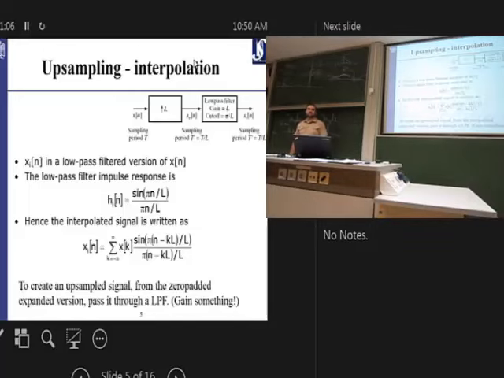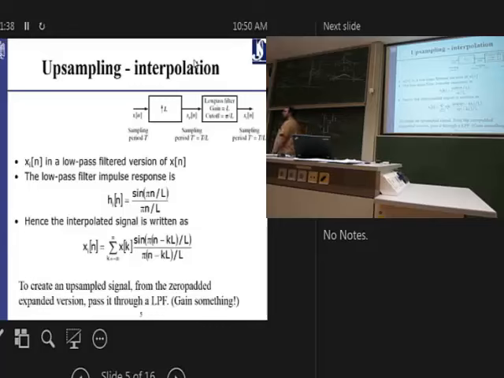But is it true to say that just by adding zeros, a number of zeros based on this increased sampling rate, between any two taps or active components of the signal, gives you any more information to understand exactly what's happening at 48 kilohertz? Or is it just an expansion? The answer is that it's just an expansion.